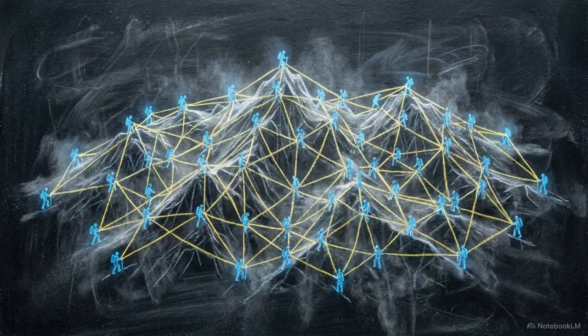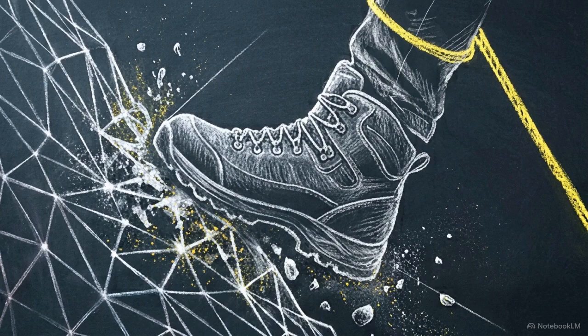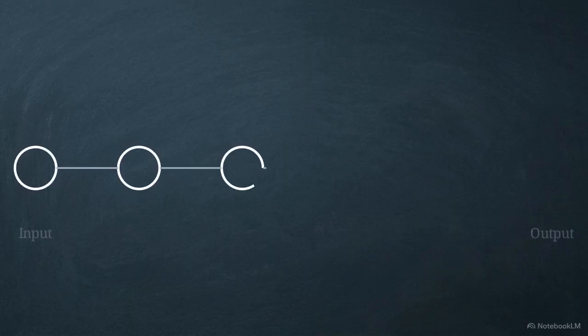If we scale this up, we see a massive interconnected web of millions of hikers moving across the mountainside together. This web is a neural network. Because everyone is tied together, if a hiker at the very front of the pack makes a misstep, they have to send a signal backward down the ropes to warn everyone else. Watch this network of nodes.